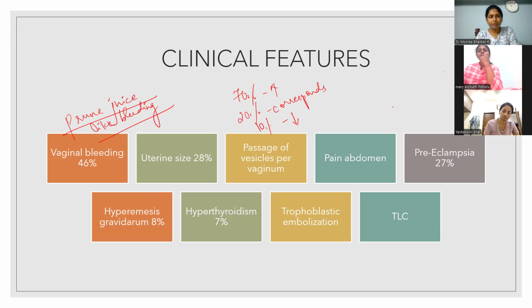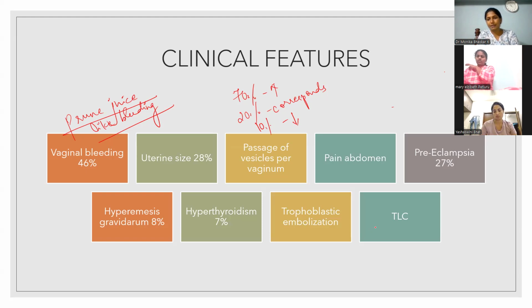The most pathognomonic feature is the passage of vesicles per vagina, and sometimes the woman will have pain abdomen because of the distension of the uterus, and because of increased level of beta hCG, there is formation of preeclampsia, hyperemesis, hyperthyroidism, and theca lutein cysts.